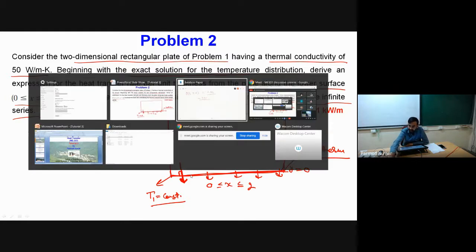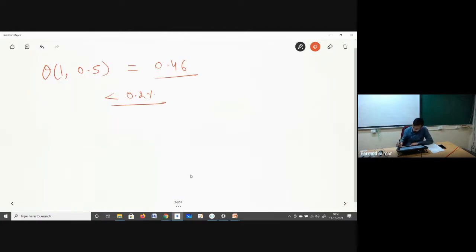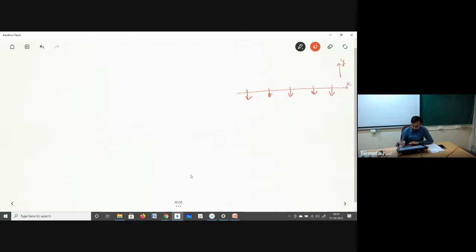This is very simple. So if I have an isotherm and the heat flux vector is normal to the isotherm, this is direction y and this is direction x. For a two-dimensional problem, what is the heat transfer rate, or say heat flux, having constant thermal conductivity?